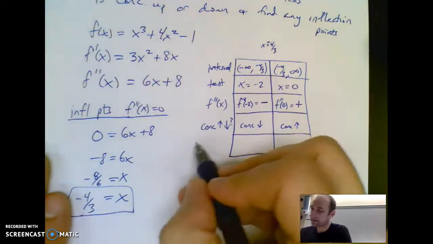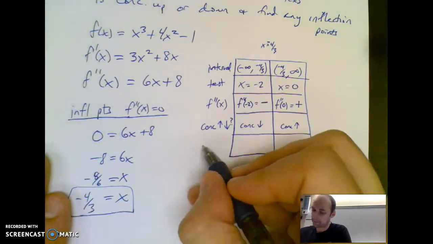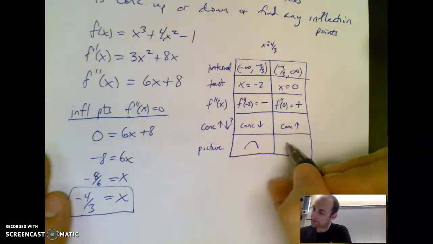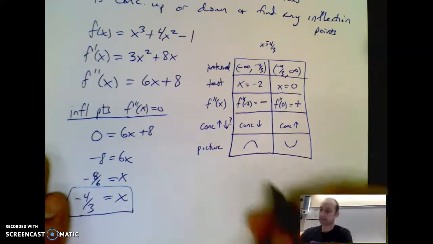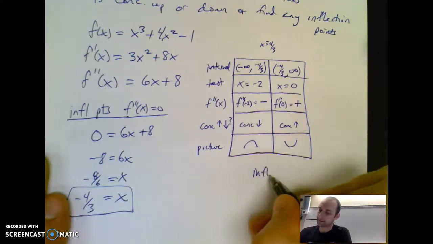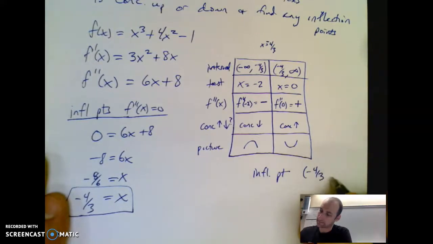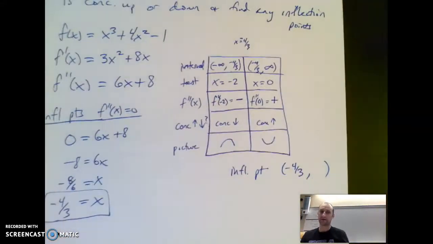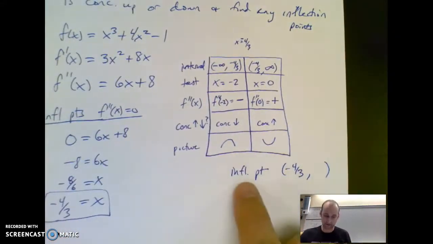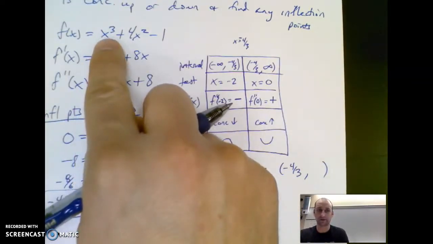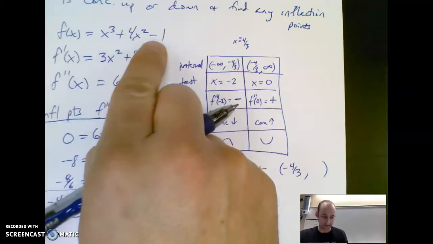And then I want a picture. Concave down like a frown, concave up like a cup. And that means there's an inflection point at -4/3, comma. Now, how do you find the y part? Well, you plug it in to that equation. So you'll do -4/3 cubed plus 4x squared minus 1.